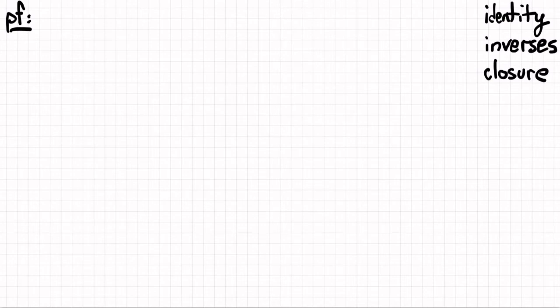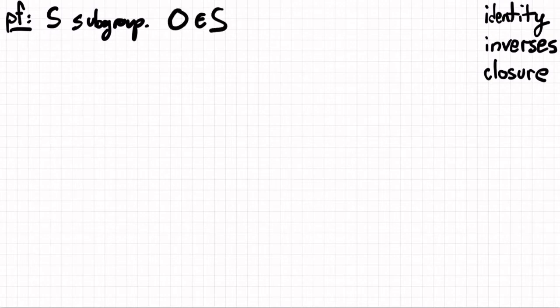So let's start. We have S is our subgroup. Now 0 is going to be in S. That is just the identity axiom. I'll put a dot there.